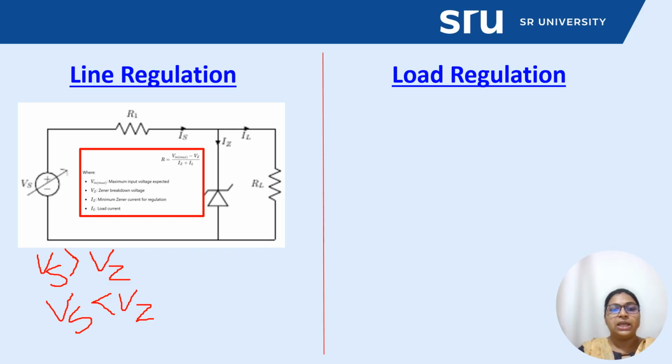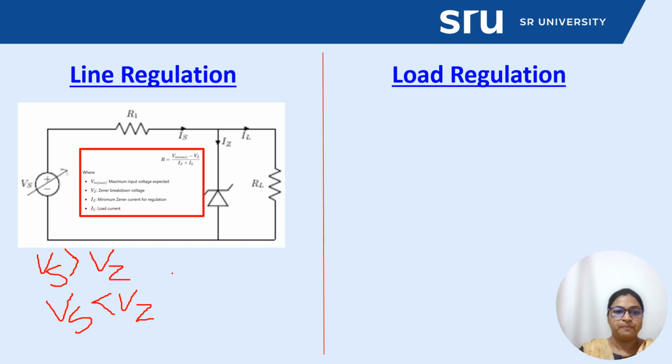So the key formula for this R is V input maximum, minus Vz, divided by Iz plus IL. Here V in max is the maximum input voltage.